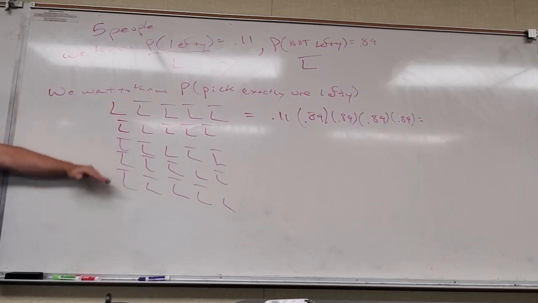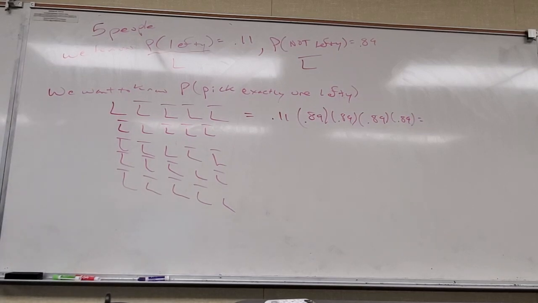This list is relatively small because if I only want to choose one person, if I had 80 people and I wanted the probability that one of them is left-handed, there's 80 ways to do that. If I want 2 people to be left-handed, that immediately becomes disgusting.